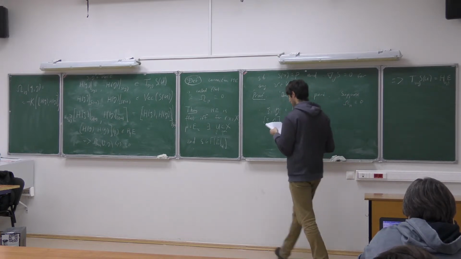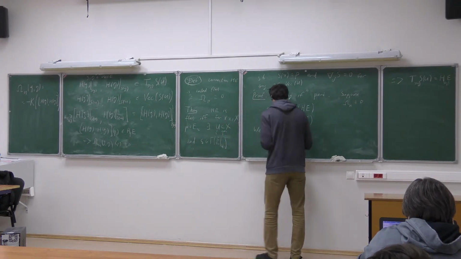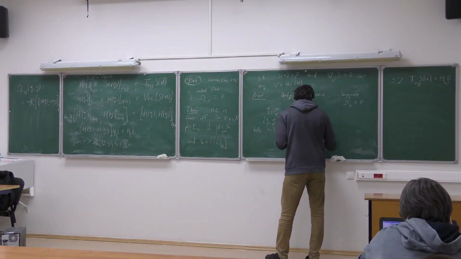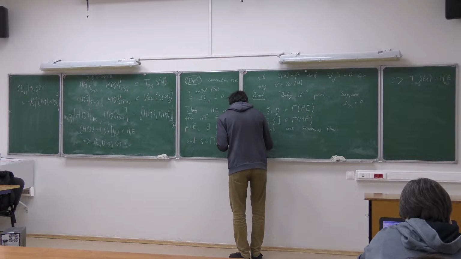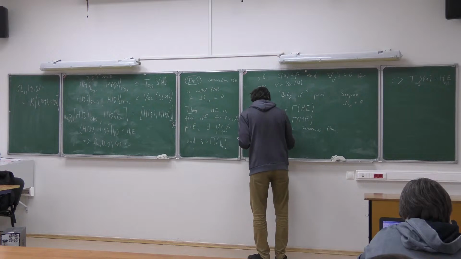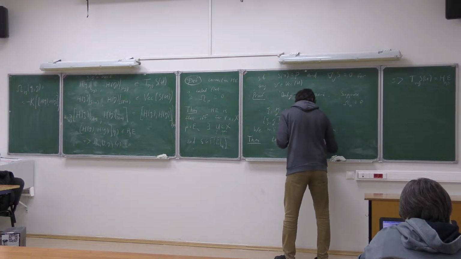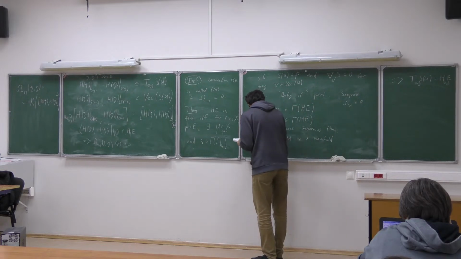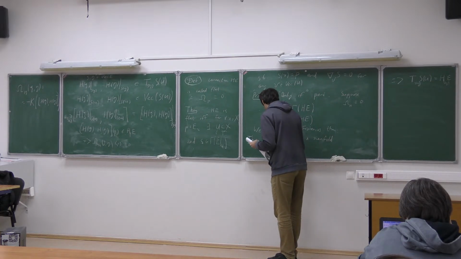But then we will use the Frobenius theorem that I'm going to state right now. Theorem. Okay, let M be some manifold. And let me consider this so-called distribution. So it's some bundle inside TM.